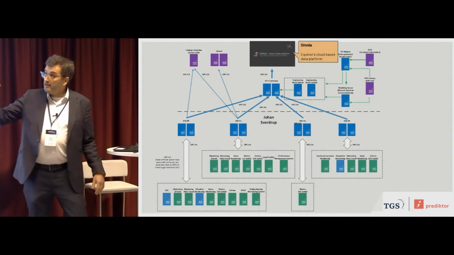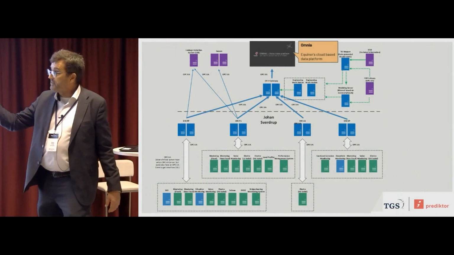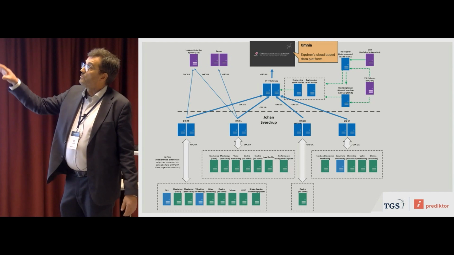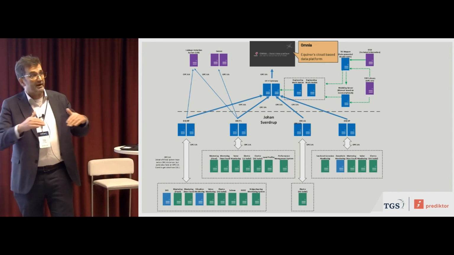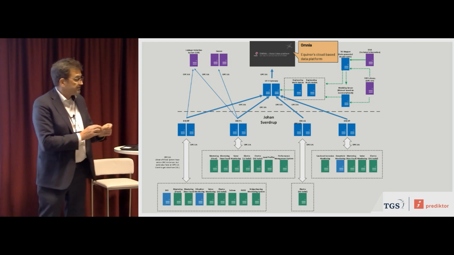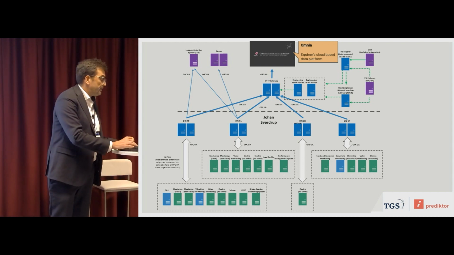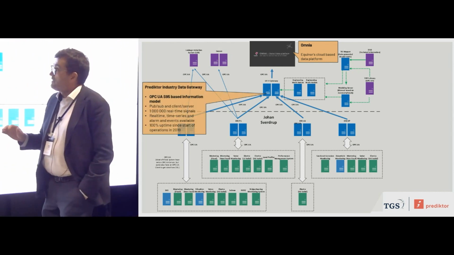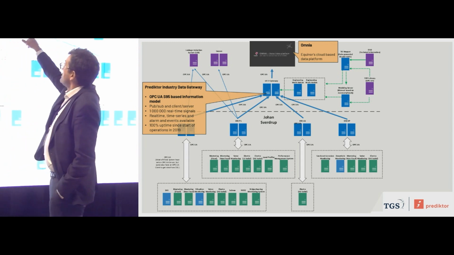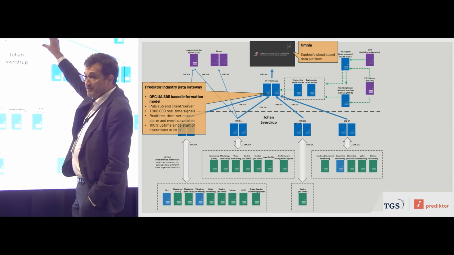This is the structure that we deliver based on this. So we have a cloud system that's the final destination for all this data, where Equinor build out all their IT strategies. They build this themselves. It's called Omnia. And then the core delivery from us is the Prediktor Industry Data Gateway. So this is the system in the IT network.